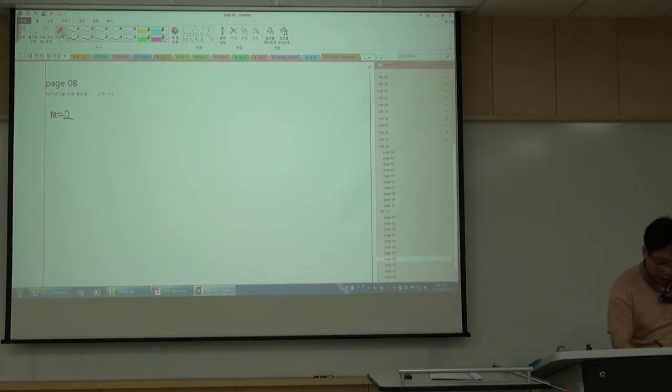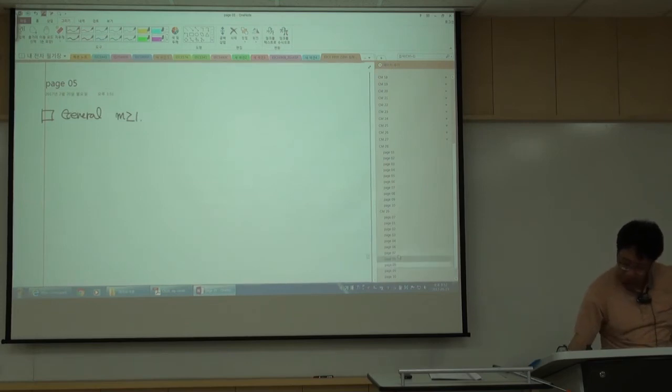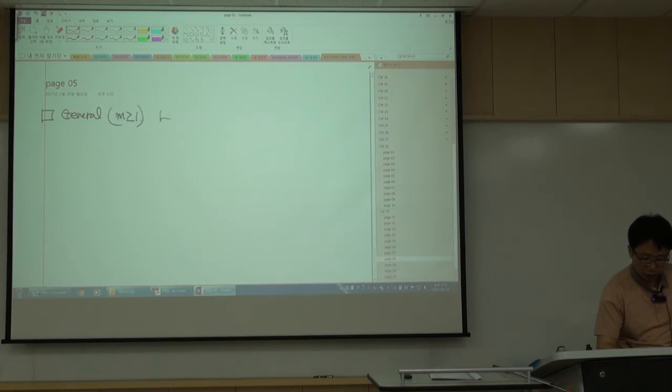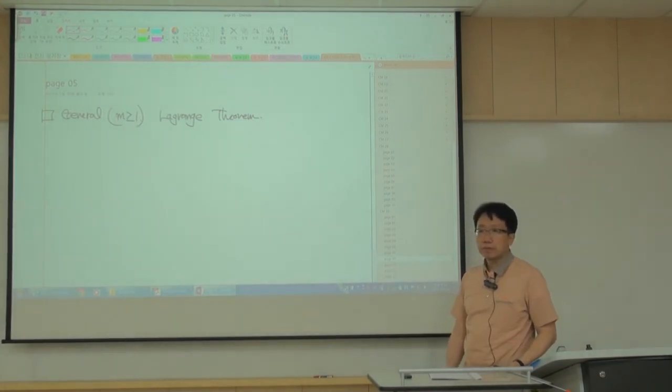Now, let me just state the general case. So let me go back. The general Lagrange theorem. So what is the general Lagrange theorem?